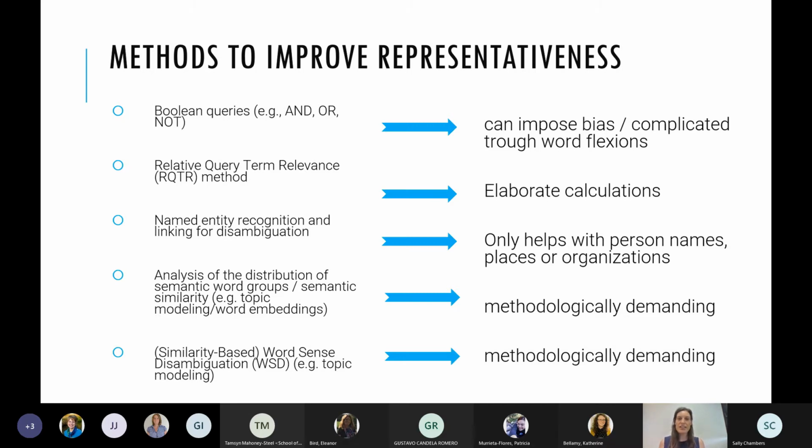So the method is that you try to calculate how many articles that are relevant for my research question are retrieved by a specific word if I combine it. And if it's more relevant articles, then I will include it because it's good for my collection.